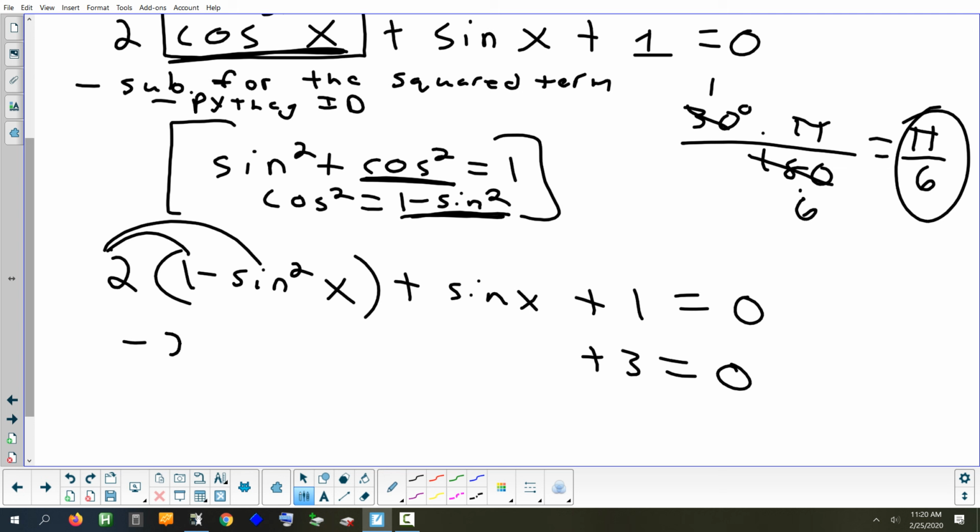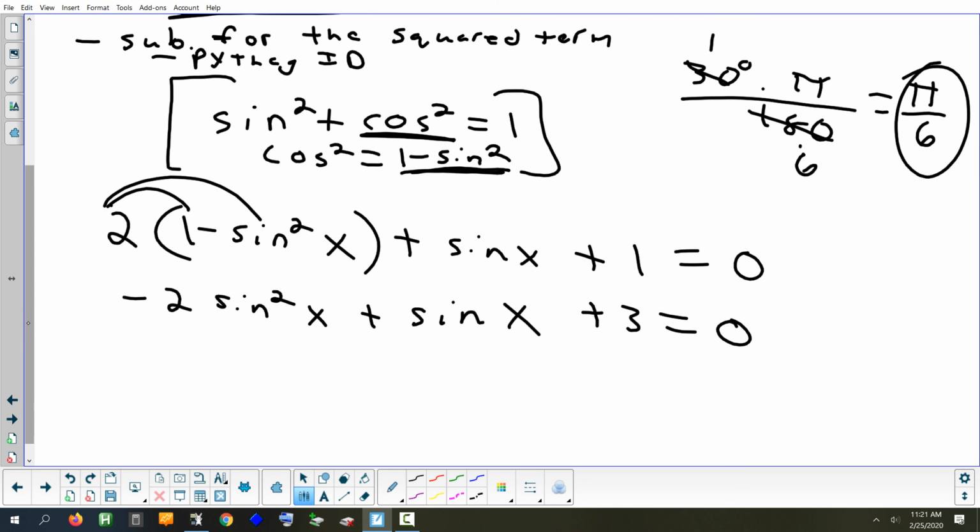All you can do is this. Negative 2 sine squared x. Now, does this 2 get distributed to the sine x? No. Right. So now we have something that is a quadratic type pattern. Negative 2 sine squared x plus sine x plus 3.